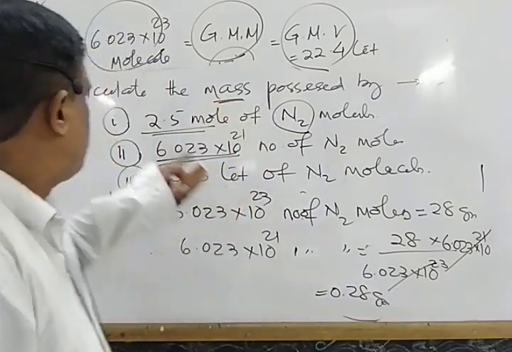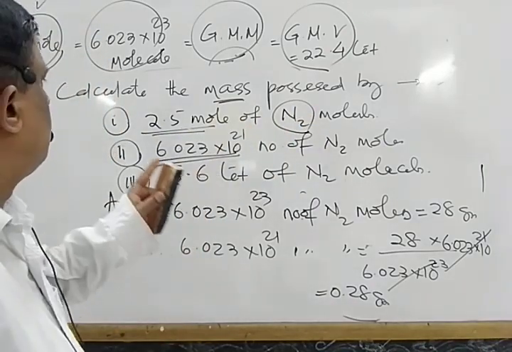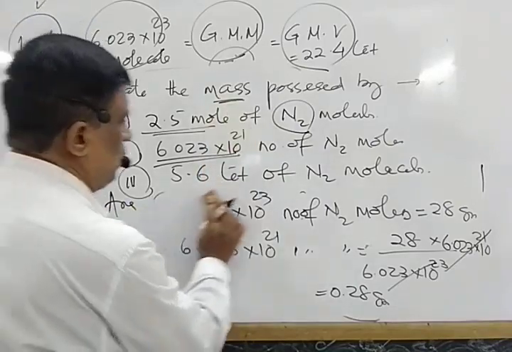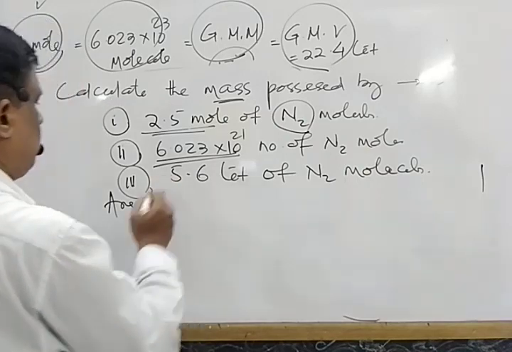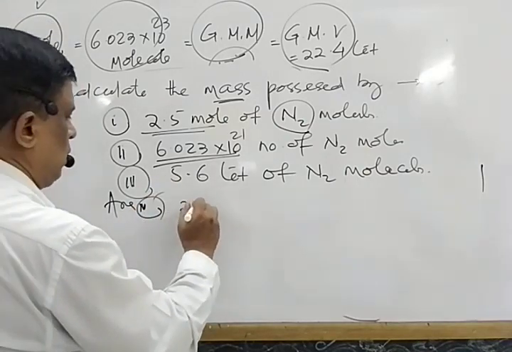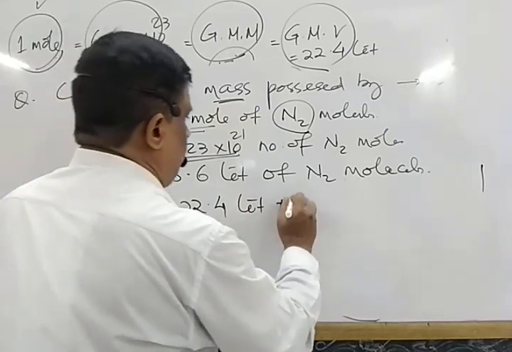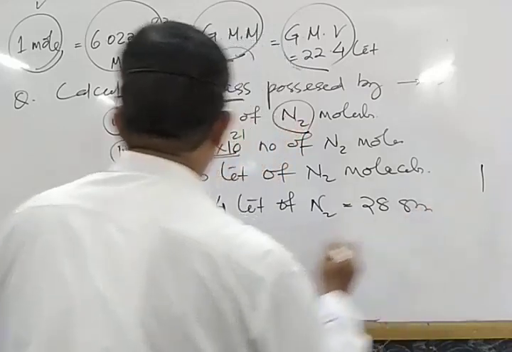Okay, so first we calculated mole with mass, then number with mass, and the last one is volume with mass. Volume, we know that is bit 3: 22.4 liter of N2 possesses a mass of 28 gram.